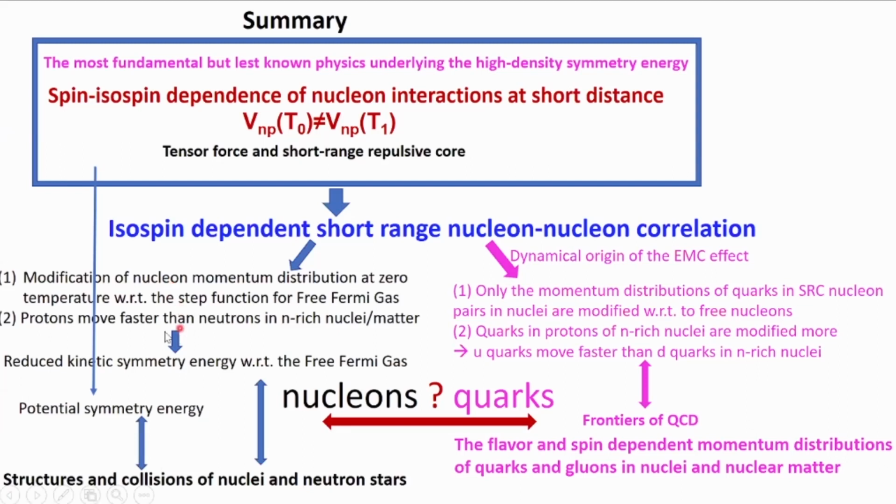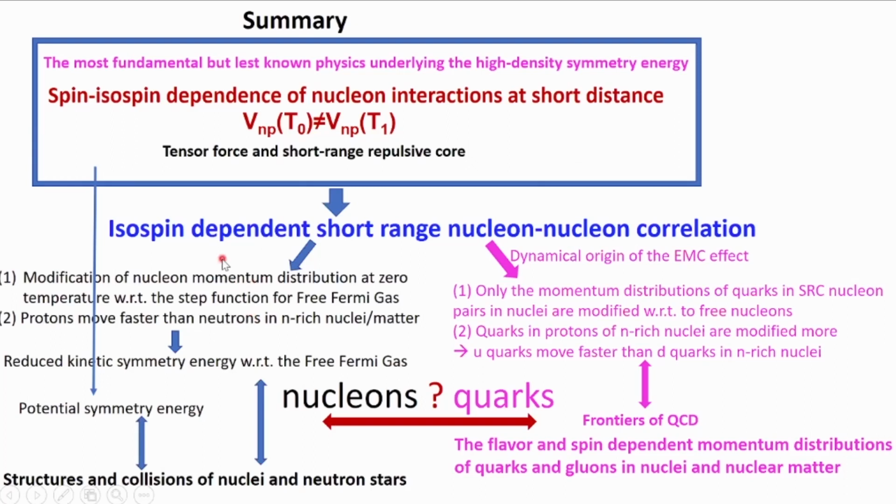We have also seen that protons move faster than neutrons in neutron-rich matter. This leads to a reduction of the kinetic symmetry energy compared to the free Fermi gas model prediction. The kinetic symmetry energy is not 12.3 MeV as written in many textbooks. It could be very small, and can even become negative.